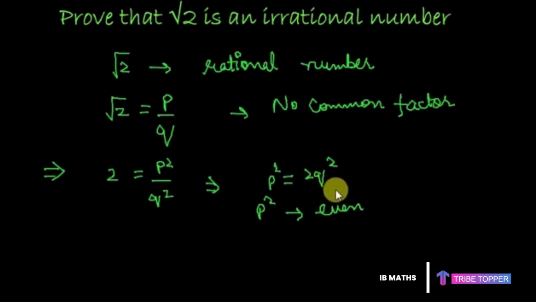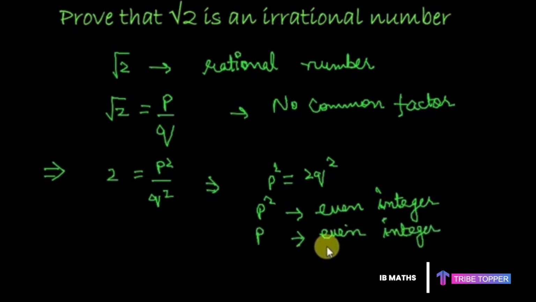Even if the square of q is, say, 9, which is odd, when you multiply it with 2, you would get 18. Therefore, p square is definitely an even integer. And if p square is an even integer, then p is also an even integer.